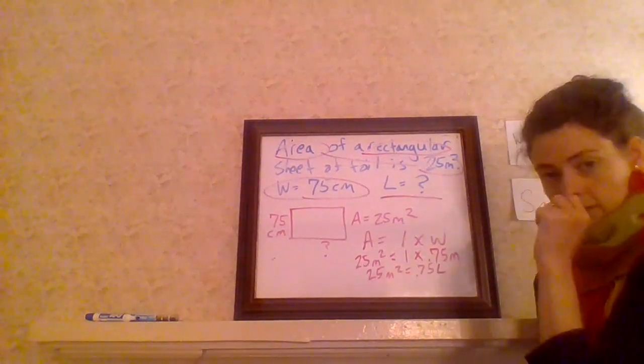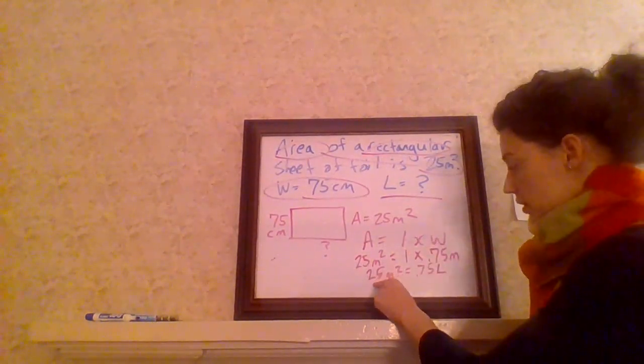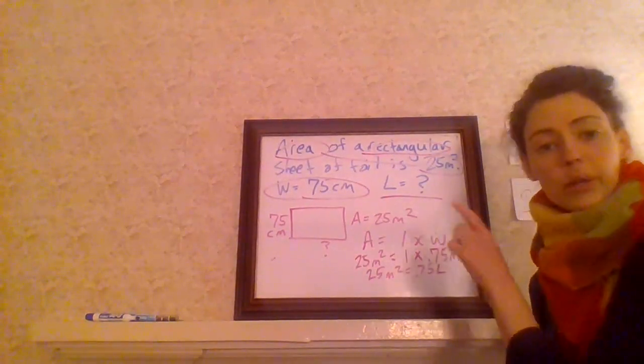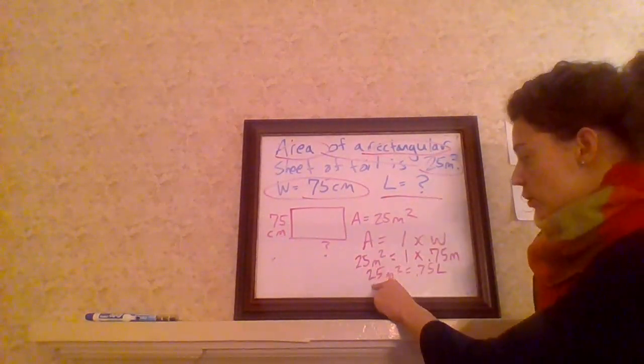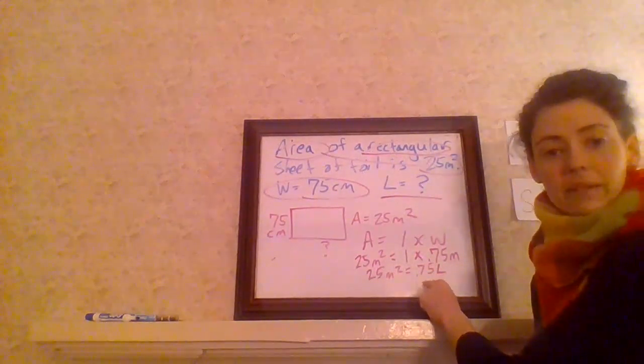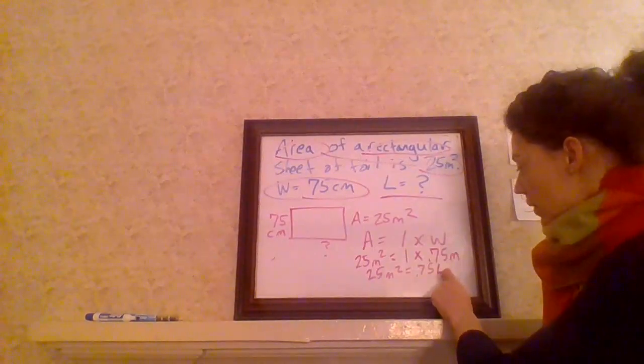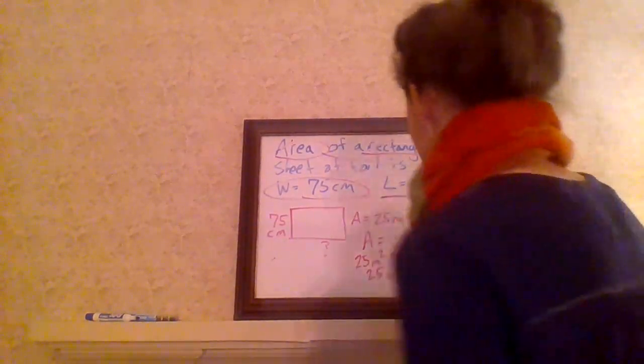How would you find that if you didn't know? You would divide 25 by 5 to get your other answer. So what you're going to do here is divide 25 by 0.75, and you can use a calculator for that. Then you will find out what this missing L value is.